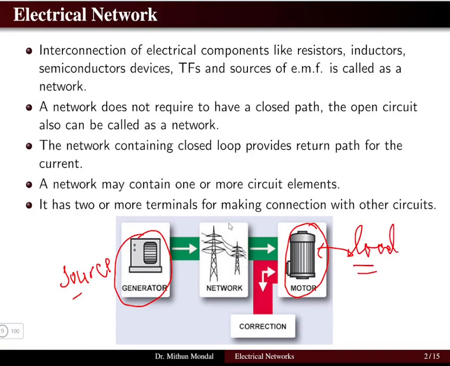Now the electrical network is basically the connection of the different elements. In this case we can have resistor, inductor, transformer, semiconductor devices or any source of EMF. All this interconnection will form an electrical network.